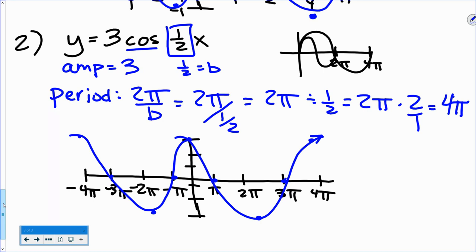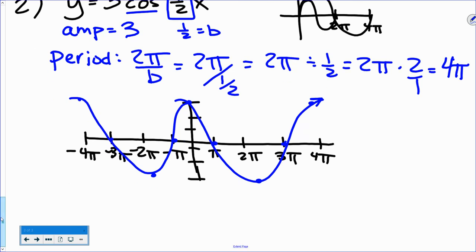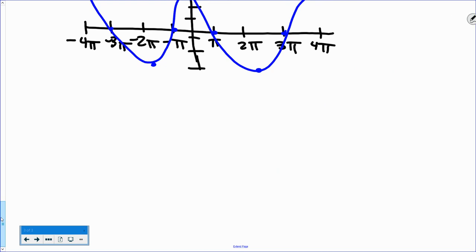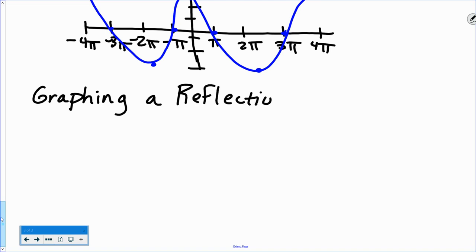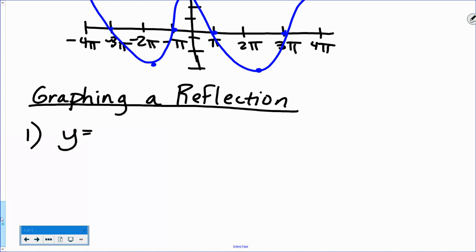Okay, I want to look at one last example. We haven't looked at what happens when we have a reflection. So graphing a reflection. I've got y equals -1/2 sine of 4x.